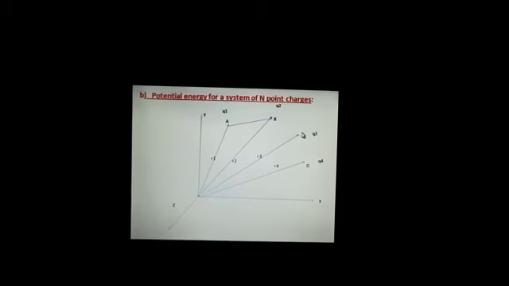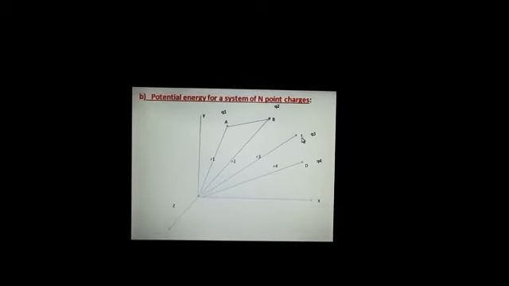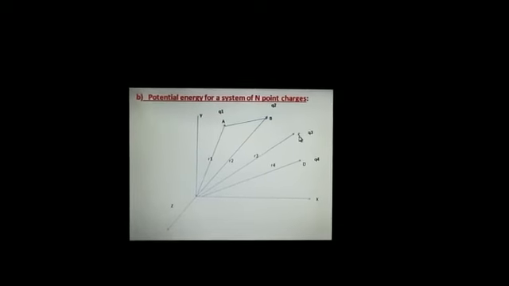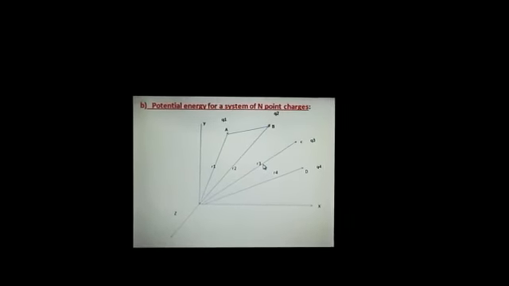Now we consider that the charge Q3 is also present at this position C, having position vector r3. We bring this charge from infinity to the point C, having position vector r3.